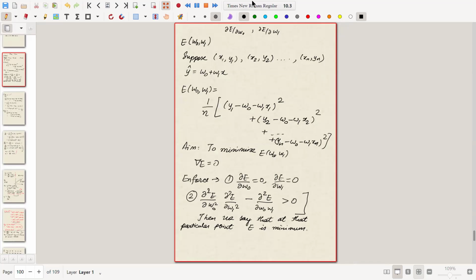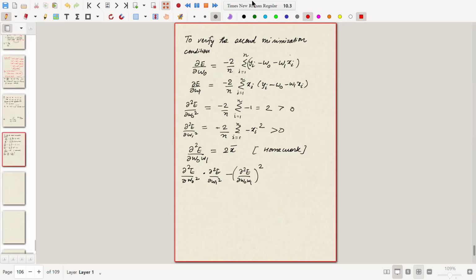I bet I missed the square term. That square term. Got it. So now we can come back.